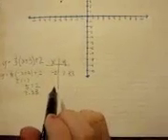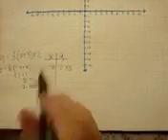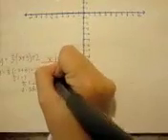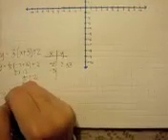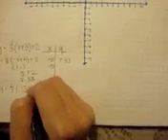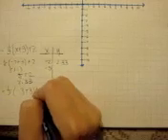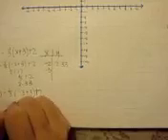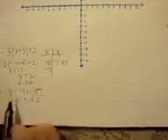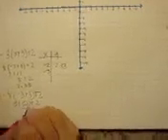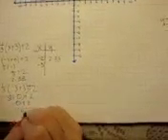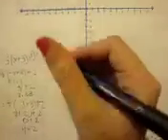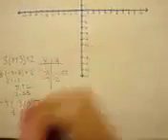And then I can use negative 3 also. And then y equals 1/3 times (negative 3 plus 3) plus 2. So then negative 3 plus 3 is 0, times 1/3, and you know that 1/3 times 0 is 0, plus 2 equals y equals 2. So when the x value is negative 3, the y value is going to be 2.